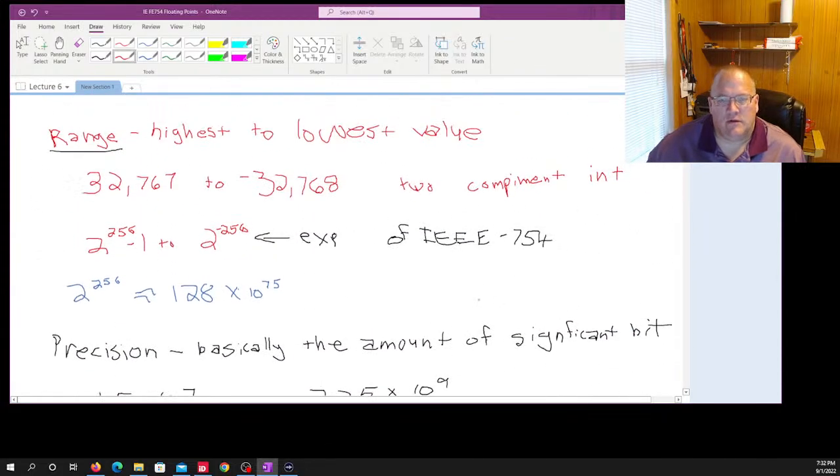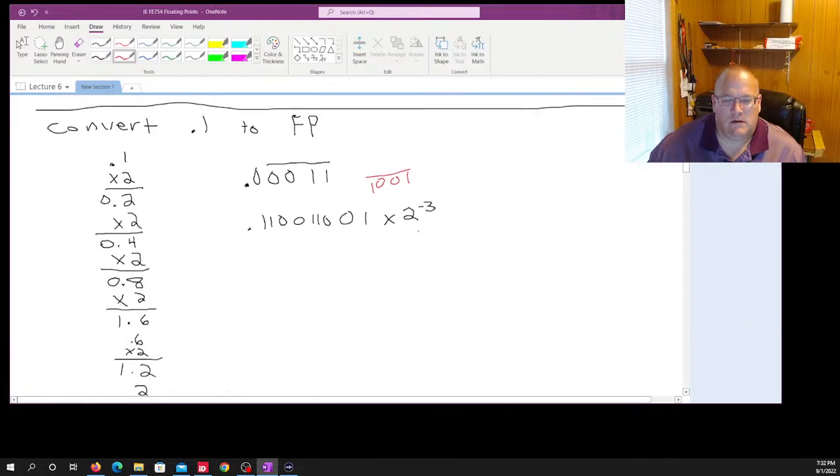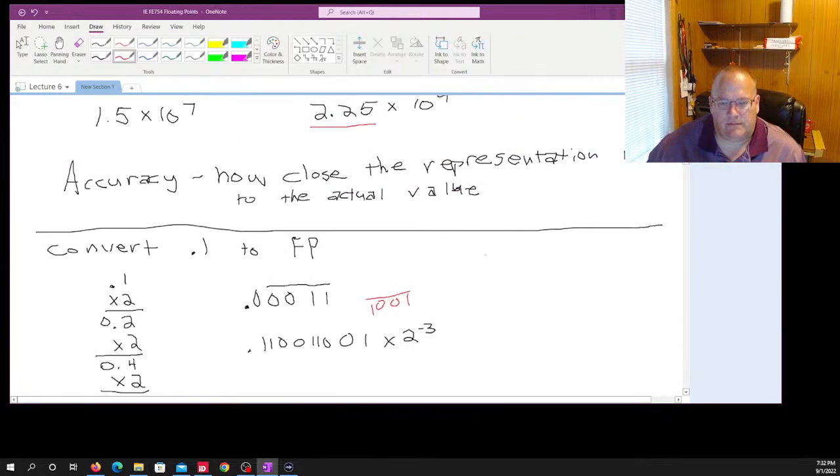Remember, our computer, at the very least, uses 23 bits of significand. That's with a single floating point. But it's probably a double. So that means there's going to be 23 bits here before we start cutting things off. So how close is 0.1 to actually being accurate?